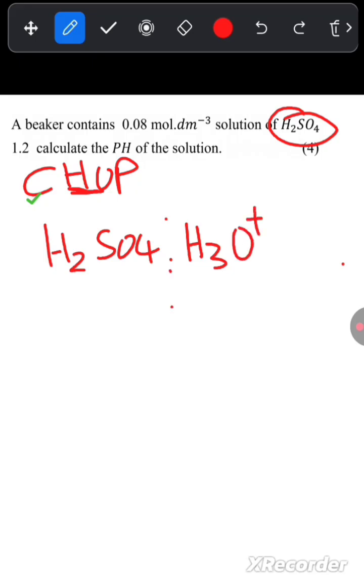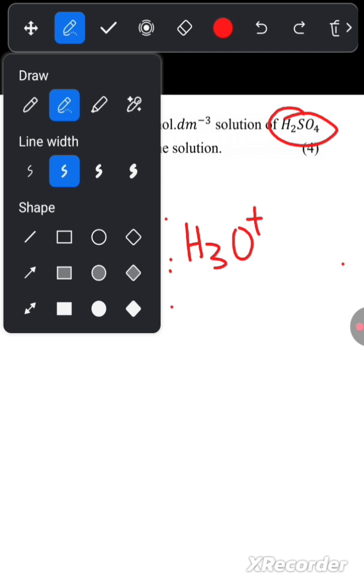Now, to find the ratio, you ask yourself, how many hydrogens are there in this acid? There are 2 hydrogens there. So the ratio is 1:2.